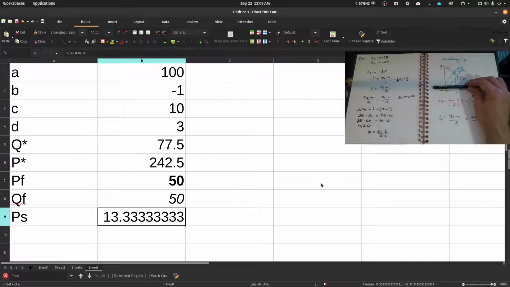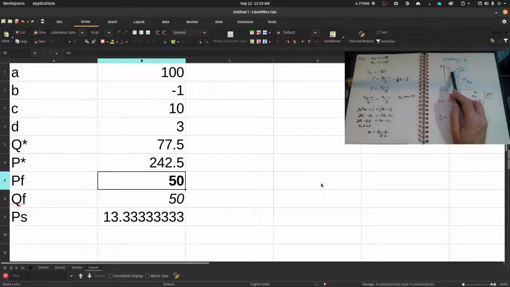Our quantity drops a surprisingly small amount, but where we are on the supply curve, 13.33 is a pretty small number compared to that price floor of 50.